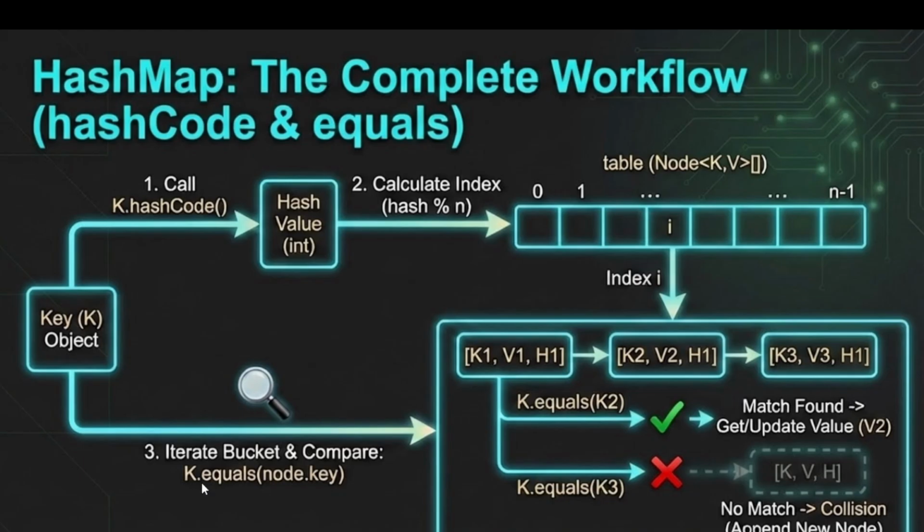So I am going with the equals method. I send K here. So I am checking K equals K2, this key equals this key. If it matches, the match is found. Both keys are the same.